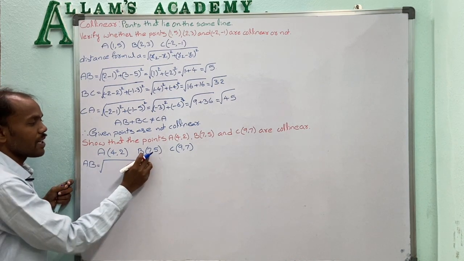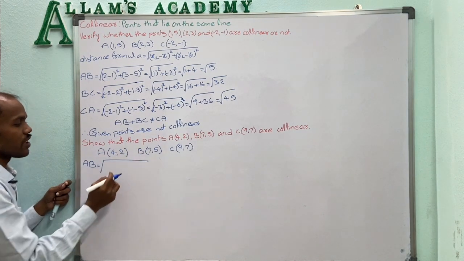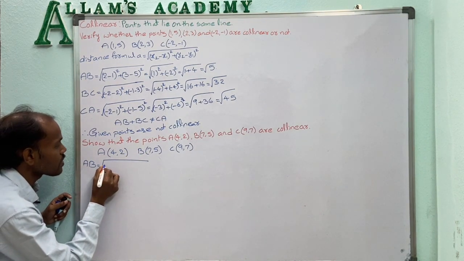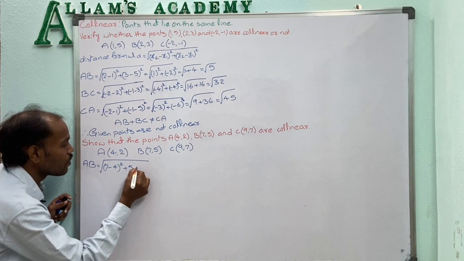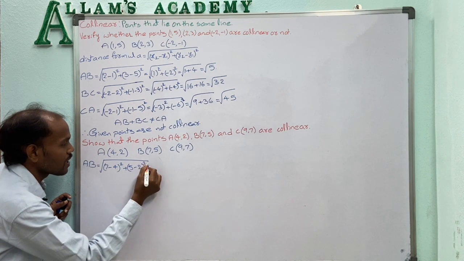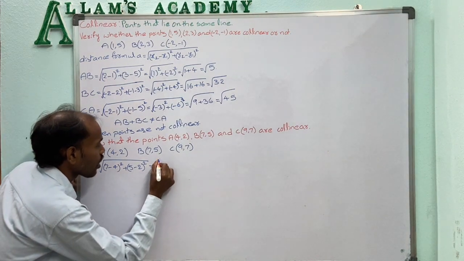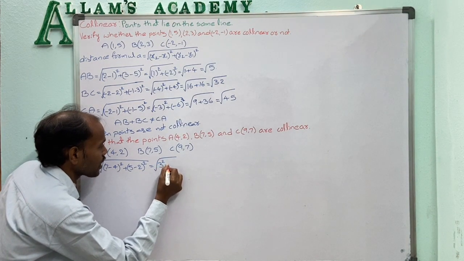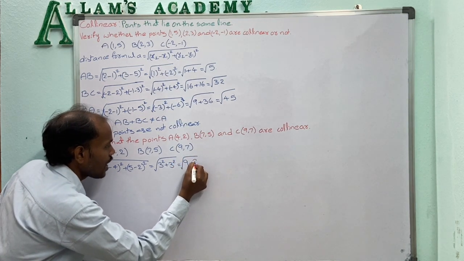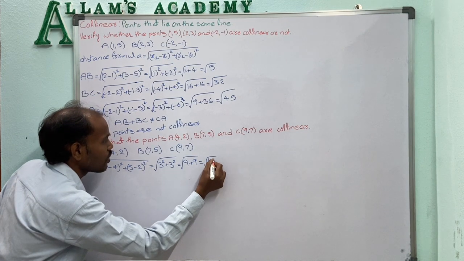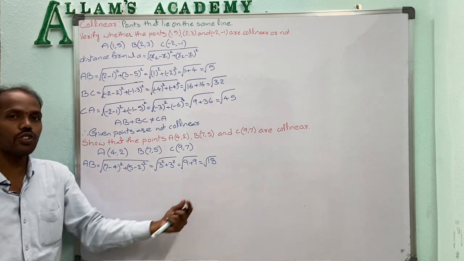So under root (7 minus 4) whole square plus (5 minus 2) whole square. 7 minus 4 is equal to 3, 5 minus 2 is equal to 3. So under root 3 square plus 3 square. 3 square equals 9, so under root 9 plus 9, which is root 18. So the distance between the points A and B is root 18.